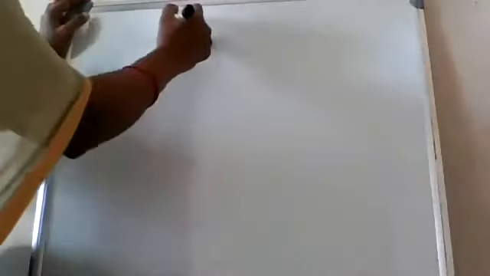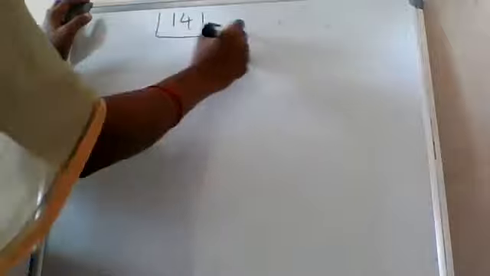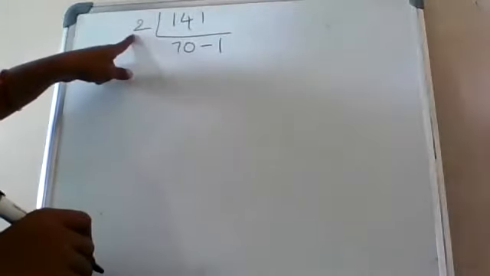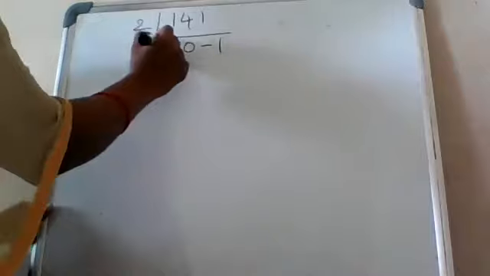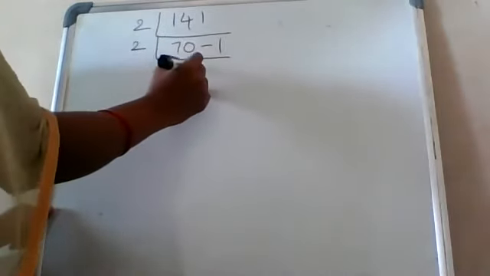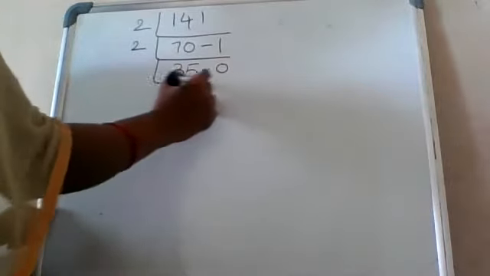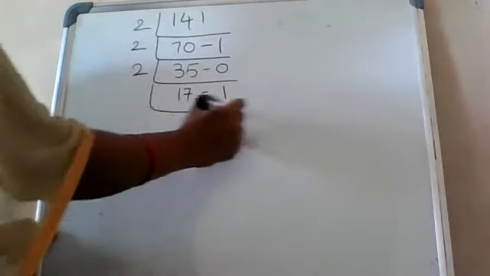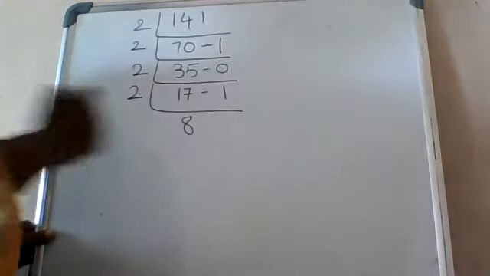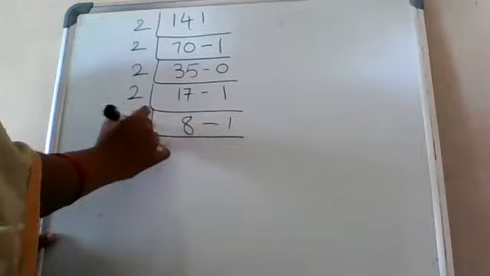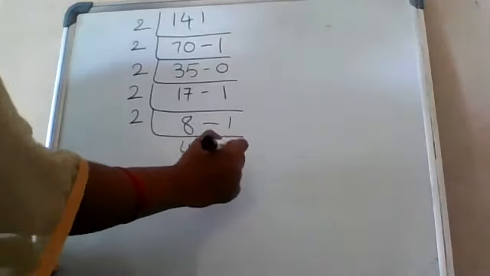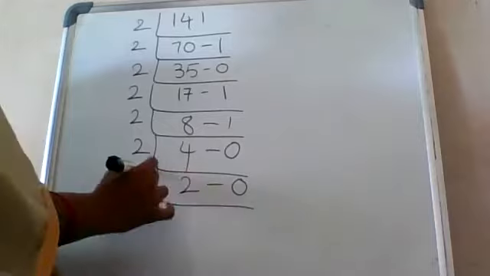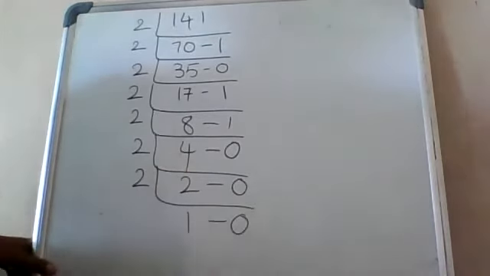This is not clear, so I am writing here the number 141 divided by 2. 2 times 70 is 140, remainder 1. 2 times 35 is 70, remainder 0. 2 times 17 is 34, remainder 1. 2 times 8 is 16, remainder 1. 2 times 4 is 8, remainder 0. 2 times 2 is 4, remainder 0. 2 times 1 is 2, remainder 0.